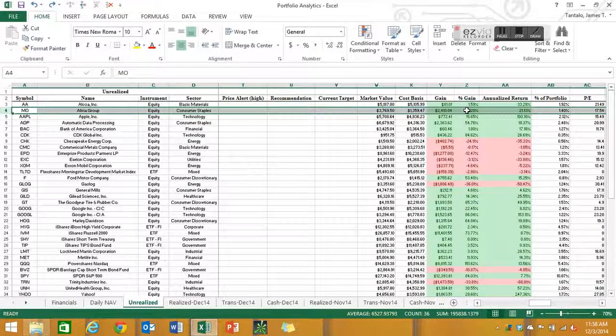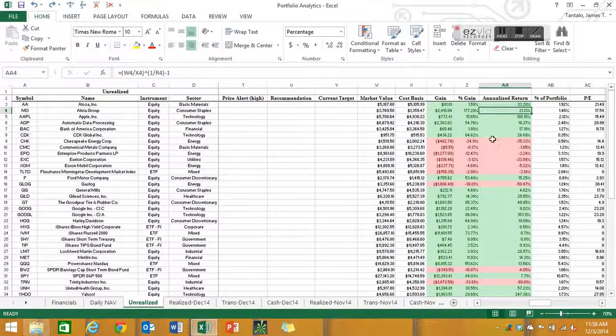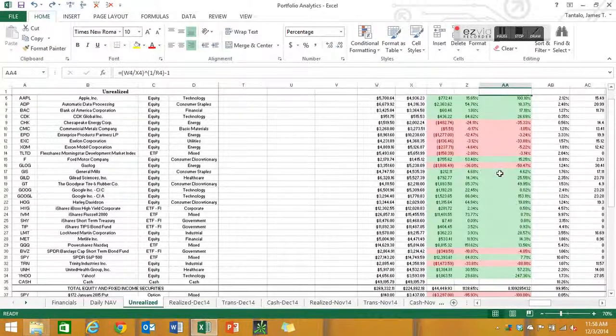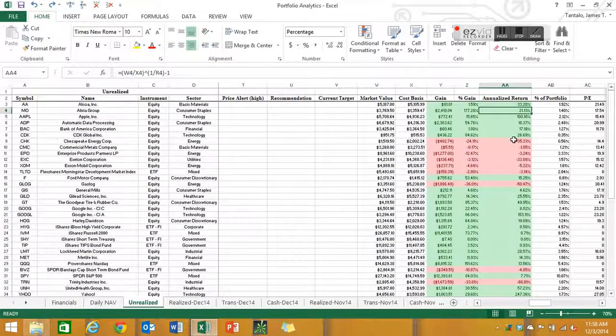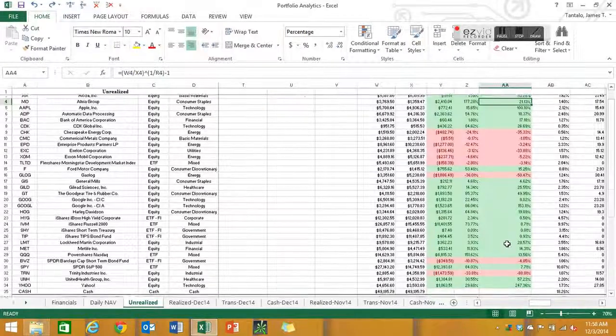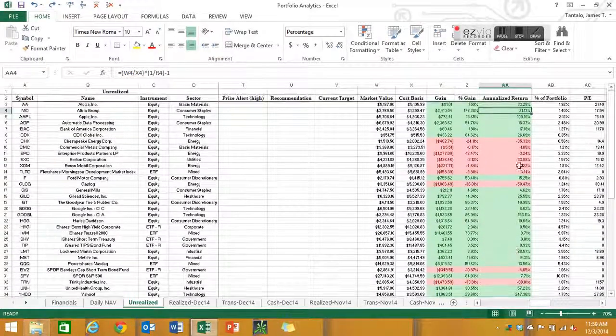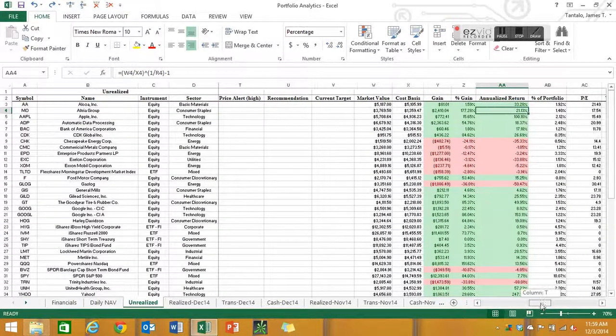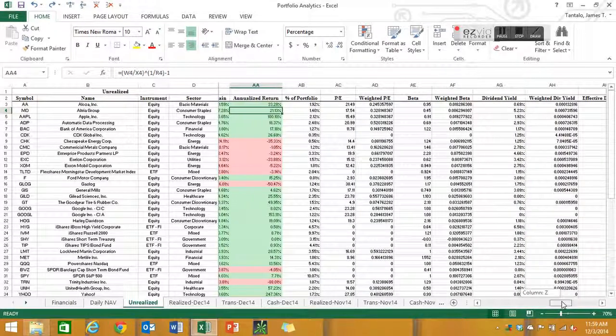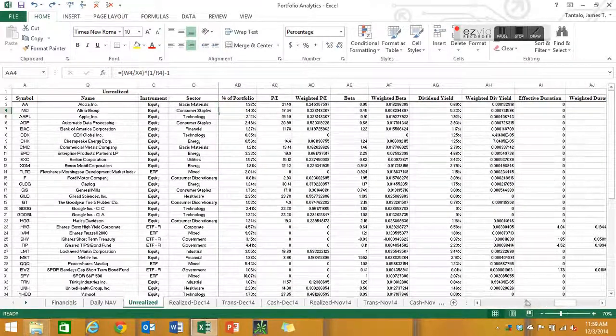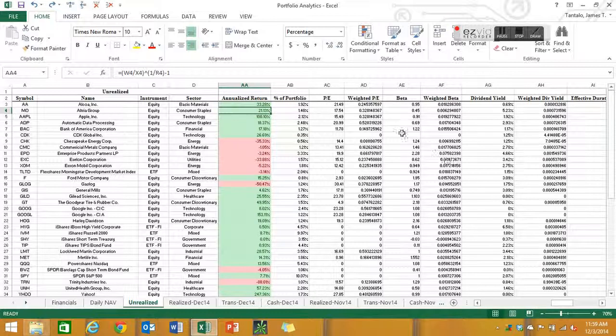Your percent gain column is going to talk about our total gain over the course of holding the stock, whereas our annualized return is going to take that total gain and divide it into those 5 years that we've owned it. So it does a good job of putting all of our stocks, no matter when we bought them, on comparable terms. And so this is a good column to see exactly how our portfolio holdings are doing at any one time in terms of earning us money.